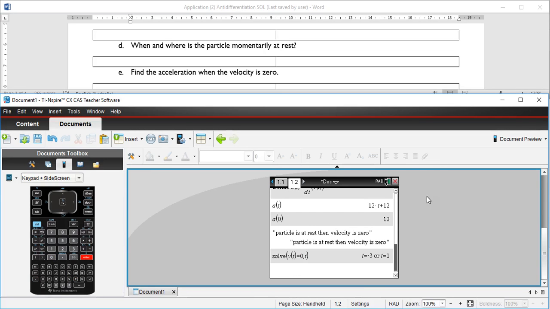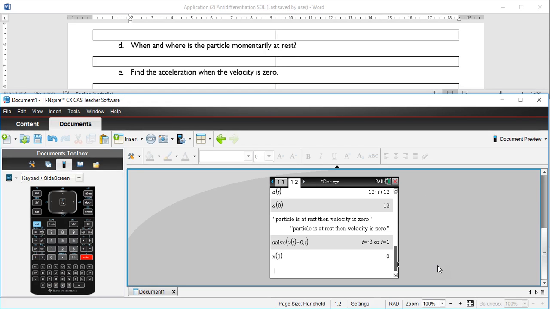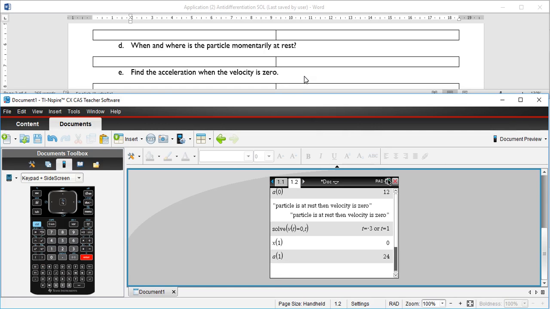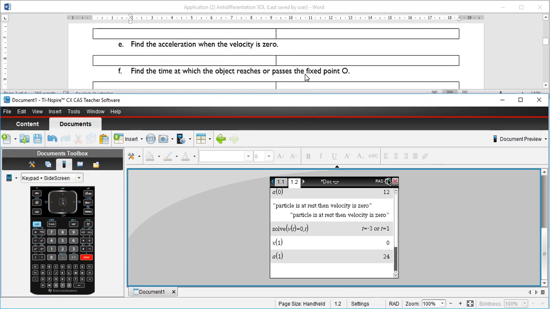You have t equals -3 and 1. Obviously, time has to be non-negative, so I'm going to pick t equal to 1 only, and then to find the position, simply sub in x of 1. In this particular case, the position is also 0 when velocity is 0. Find the acceleration when velocity is 0, so a of 1 is 24 meters per second squared.